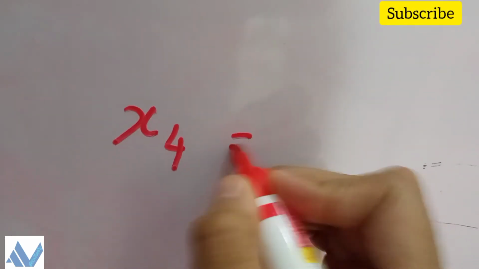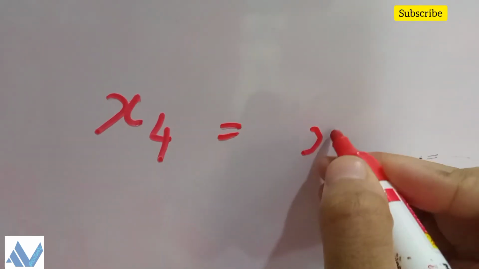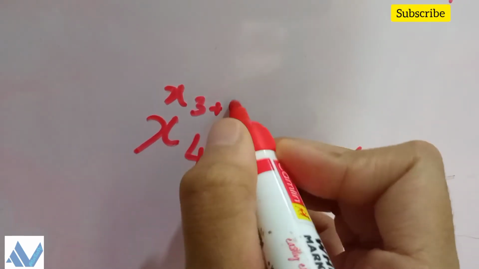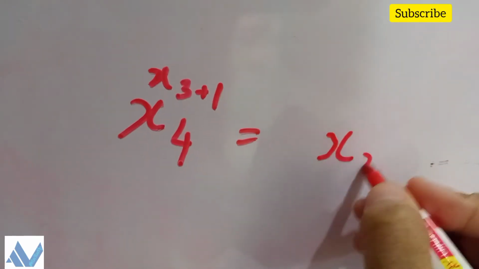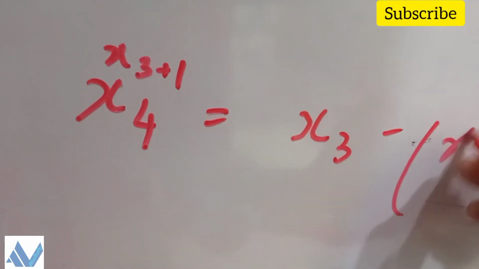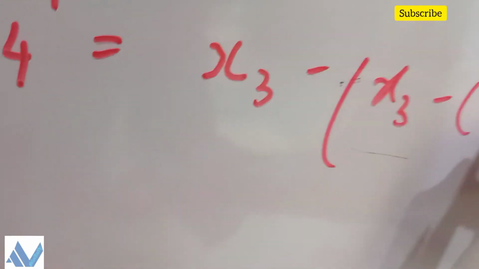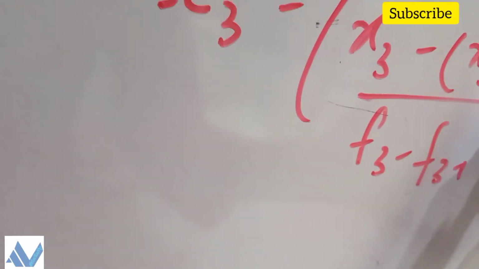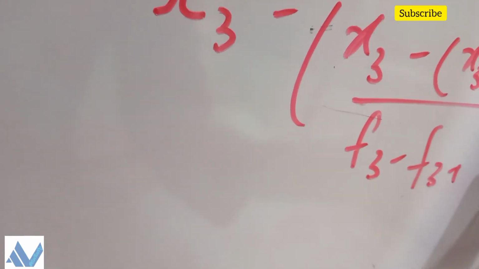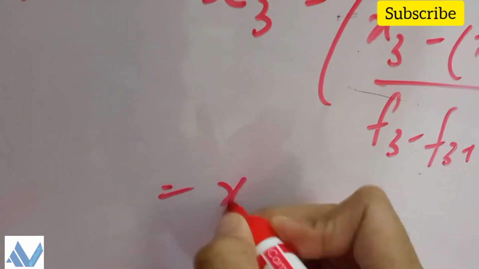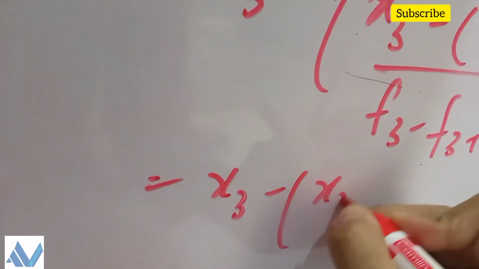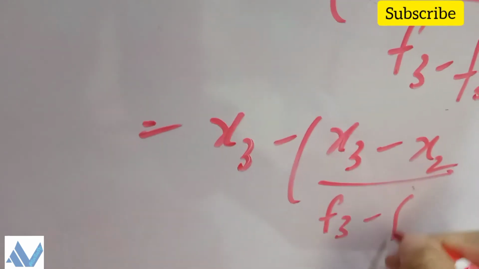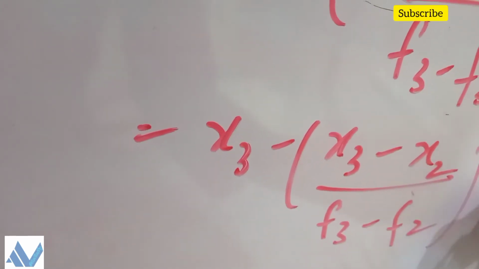So now for x4, that is here in the formula, basically x3 plus 1. So this is x3 minus (x3 minus x2) by (f3 minus f2) into f3.